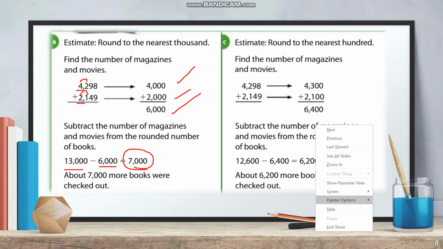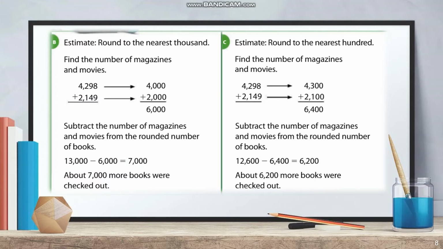Okay, now, what if I'm going to round to the nearest hundred? So the hundreds place is 2 and 1. So 2 is followed by 9. So this becomes 3. So this becomes 4,300. 1 is followed by 4. So it is less than 5. So no need to add. So it's the same number, which is 2,100.